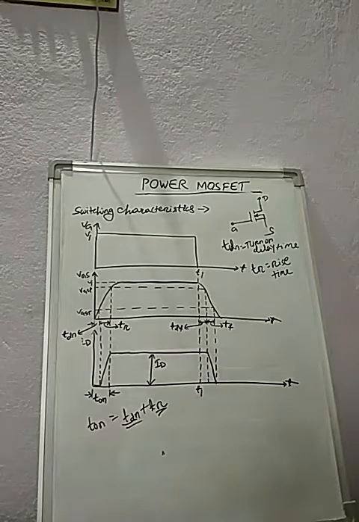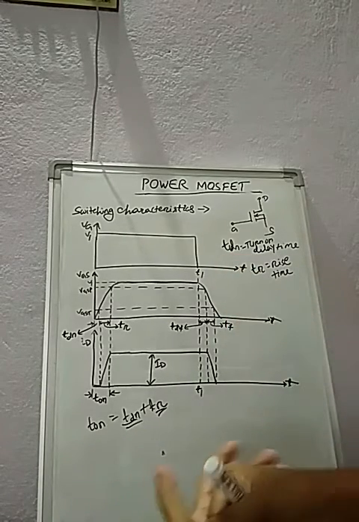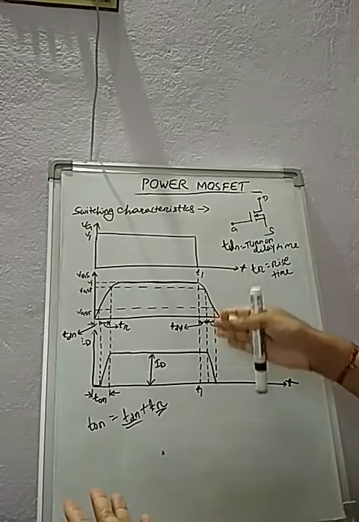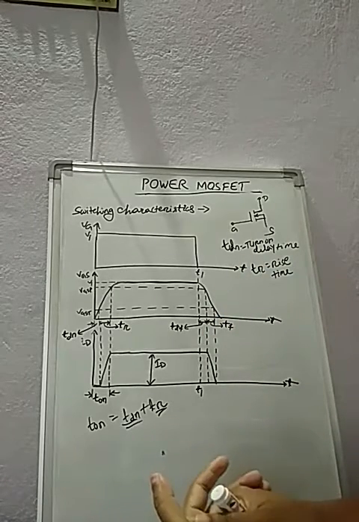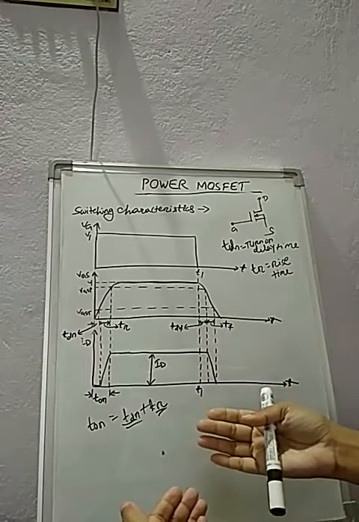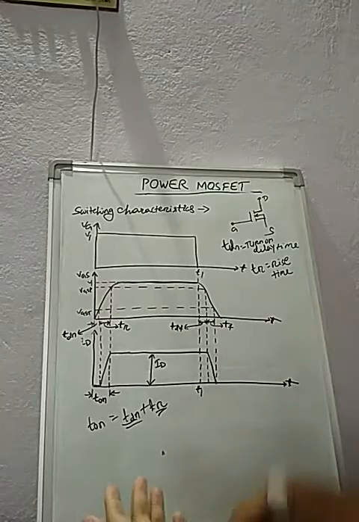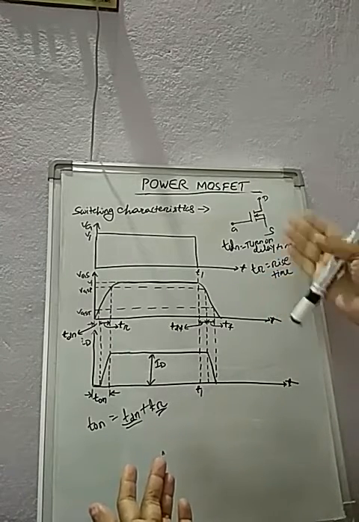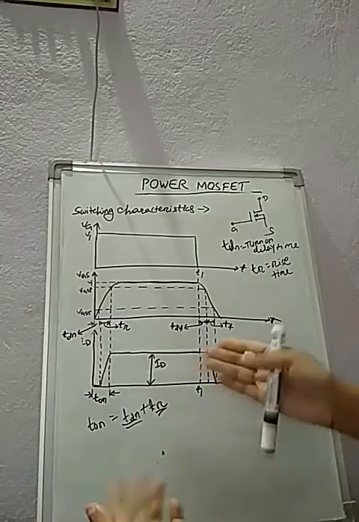The next part is the turn off switching characteristics. MOSFET is a unipolar device. How is it a unipolar device? Because here majority carriers are used to conduct the device. Due to the majority charge carriers the device conducts.